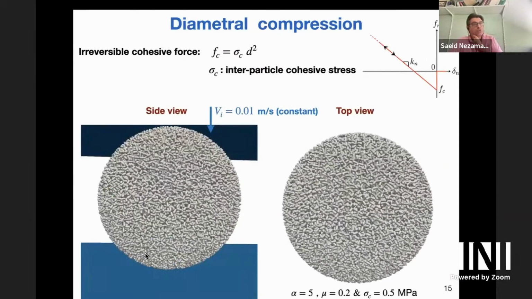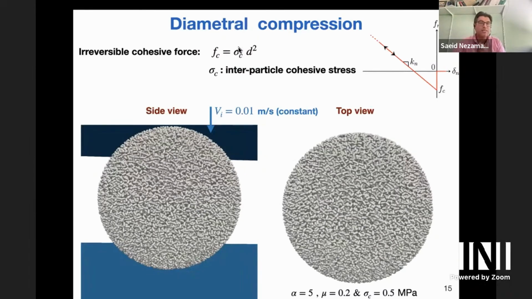Now, to see the effect of the microstructure on the mechanical behavior, we made the agglomerates cohesive and subjected them to diametrical compression between two platens. To create the cohesive agglomerate, we removed the compacting sphere that we had before and added an irreversible cohesion force to all contacts between hexapods.